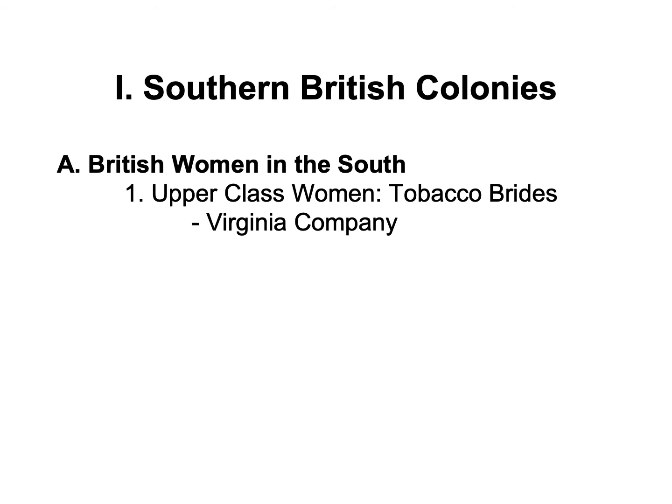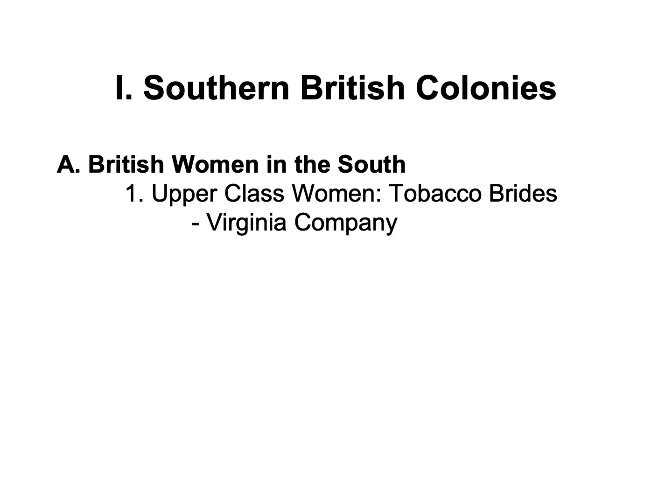So we start with our southern British colonies. I'm going to refer back to the Virginia Company quite a few times, so make sure you take note of that as well. The Virginia Company was originally founded in 1606 by King James I. Originally, the Virginia Company was meant to create new settlements in Virginia and North America.